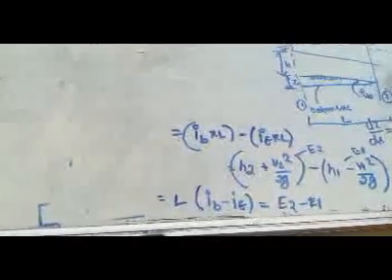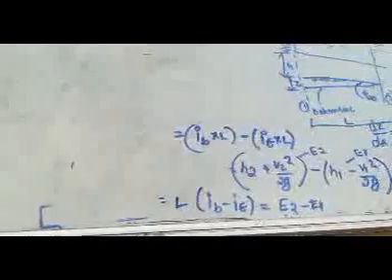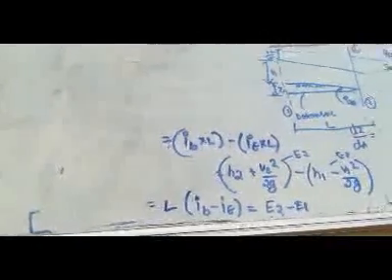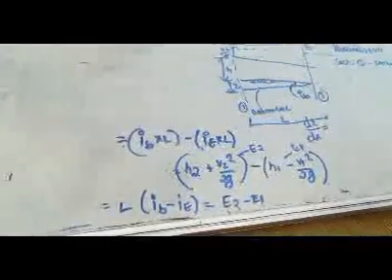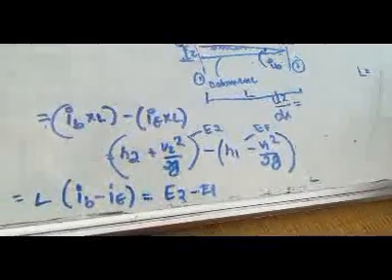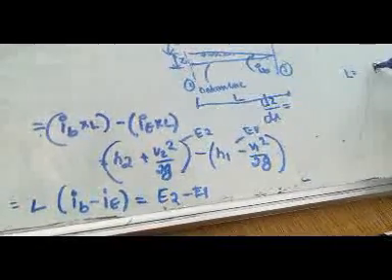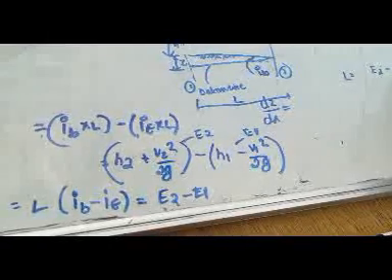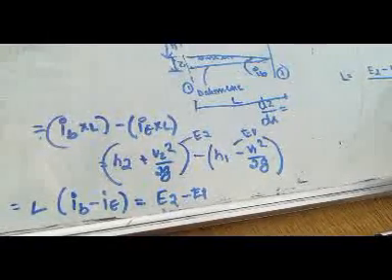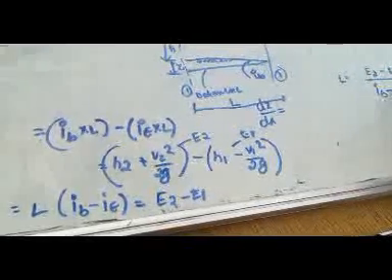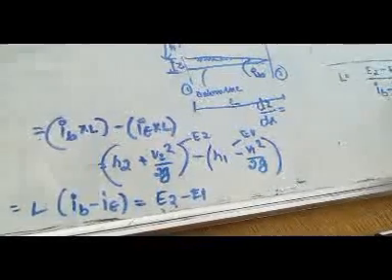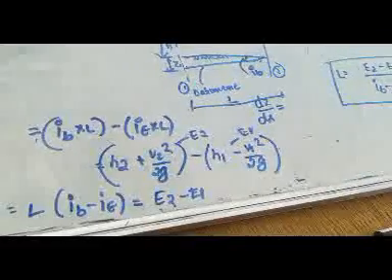So the backwater length equation we get: L is equal to E2 minus E1 divided by IB minus IE.